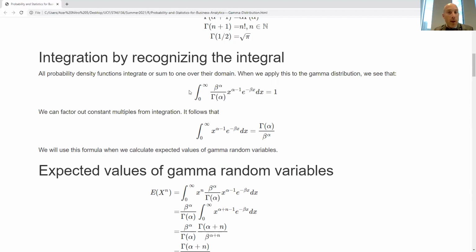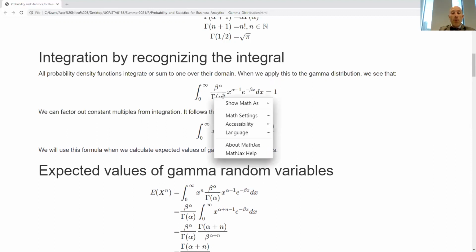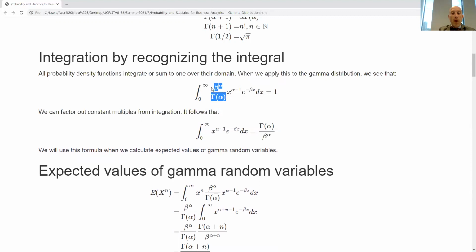Well, the fraction would cancel out, right? So if I multiply both sides by the reciprocal of this fraction, then this part will disappear and I'll have the reciprocal on the right. So that tells me that anytime I integrate from 0 to infinity of x to the alpha minus 1 e to the negative beta x, it will always be equal to this.